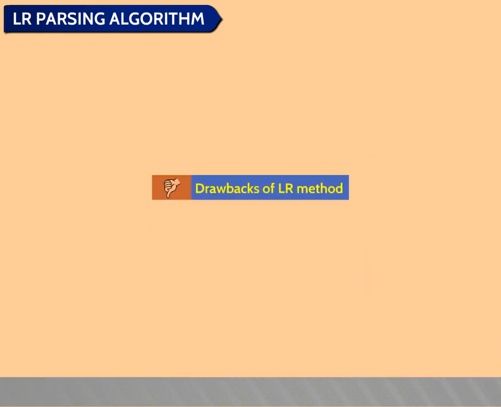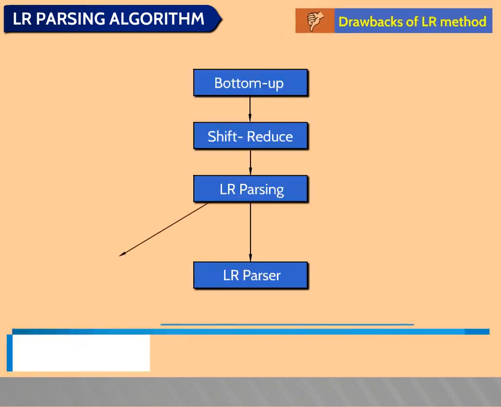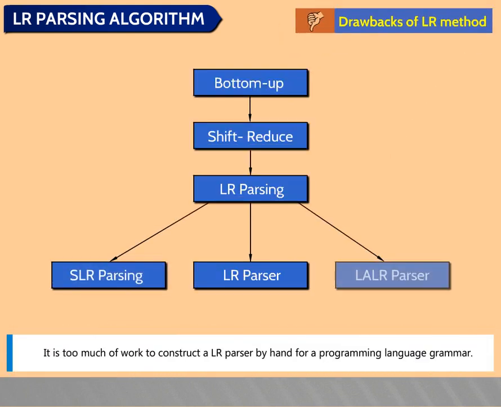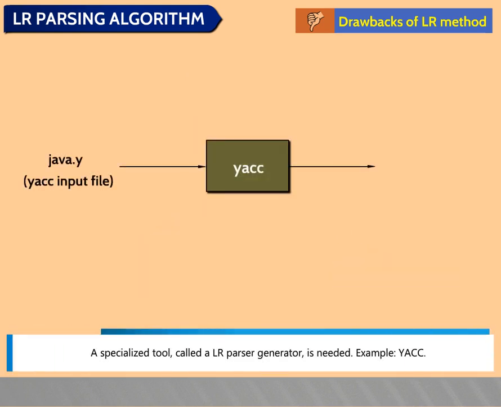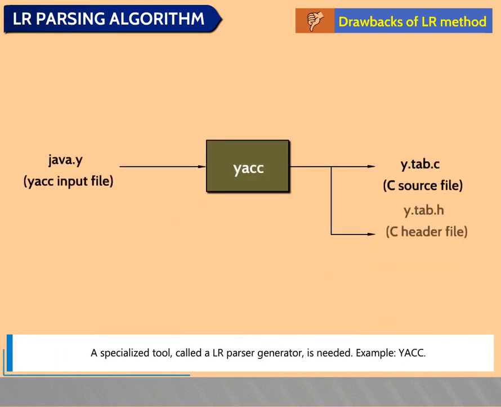Drawbacks of the LR method. It is too much work to construct an LR parser by hand for a programming language grammar. A specialized tool called an LR parser generator is needed. Example, YACC.